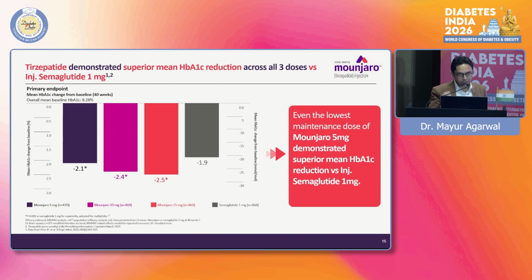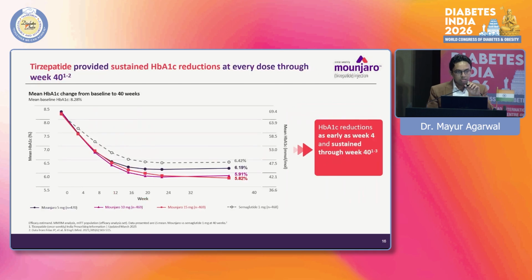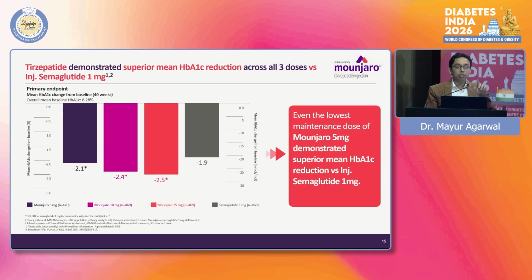So even the lowest dose of tirzepatide is superior in terms of glycemia to the max dose of semaglutide. Okay, got this? The max dose in diabetes I am talking about is 1 mg. Yes, that's a different thing. That's in the OASIS trial you are talking about, but that's not a comparison with tirzepatide.